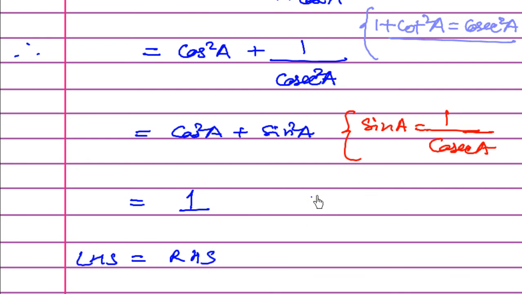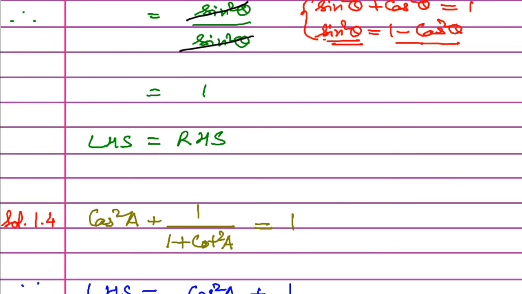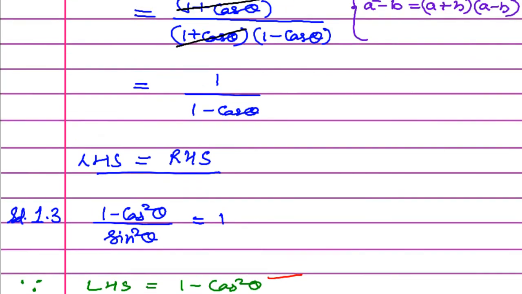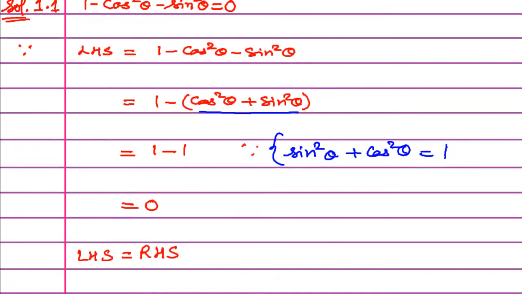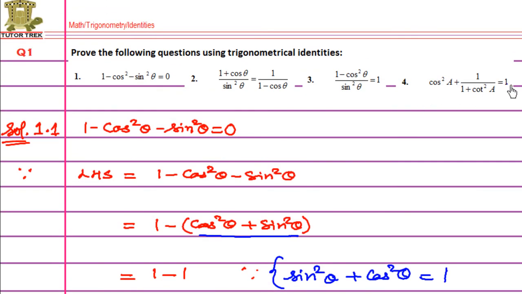LHS is equal to RHS. So these identities we are using here, and solving this sort of problems we could easily solve using the identities. All the three identities we have to keep in our mind, and we could easily solve out this question.